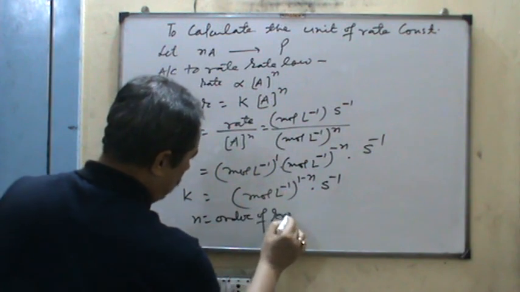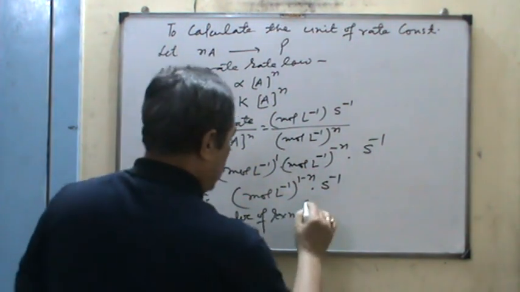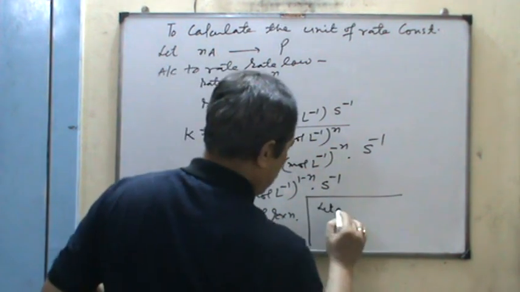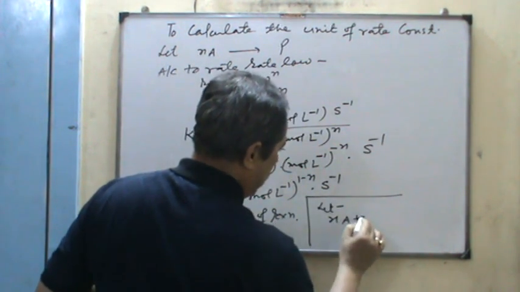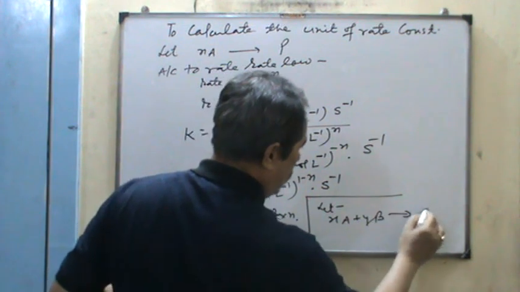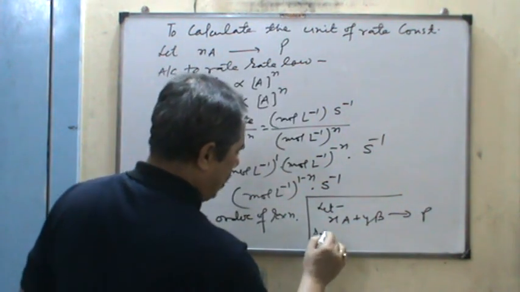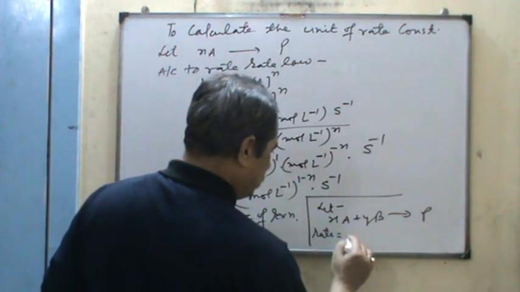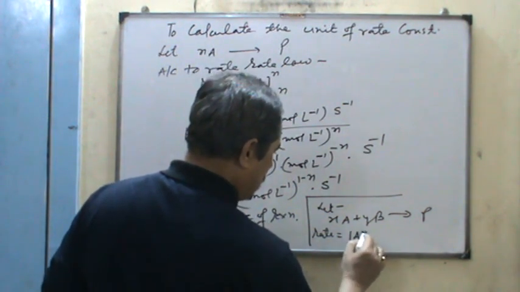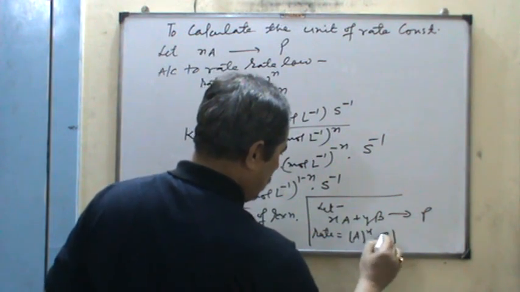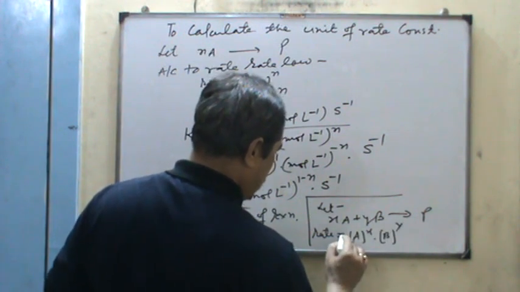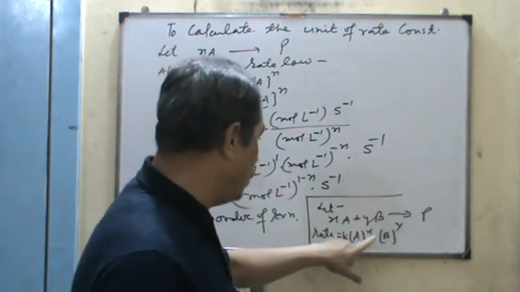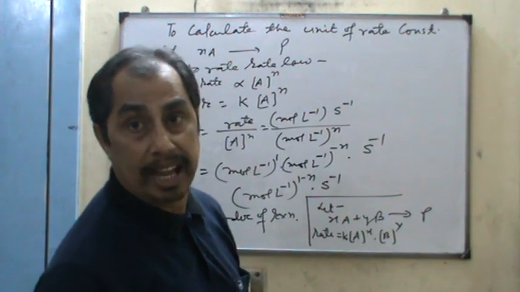So to explain the order of the reaction, let xA plus yB give the product. So according to rate law, rate is equal to k into [A]^x into [B]^y. The sum of the powers of the concentration of the reactants is called the order of the reaction.